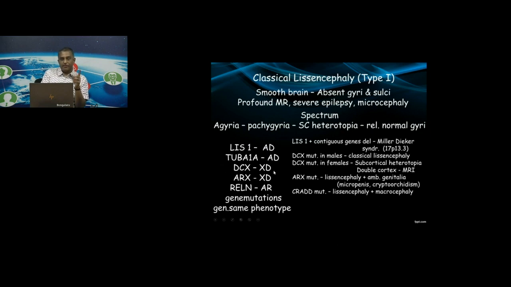Whereas if the fetus is female, the female has two X's, the other X is normal, so the disease is muted down, and therefore it's important to know the sex of the fetus in these conditions.